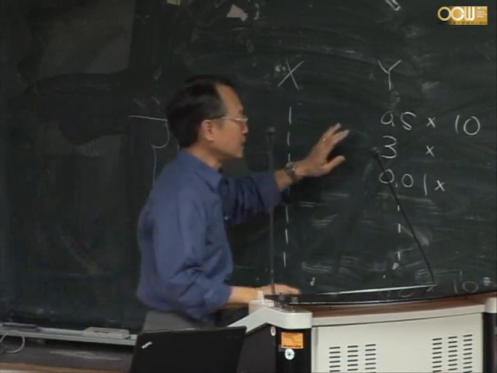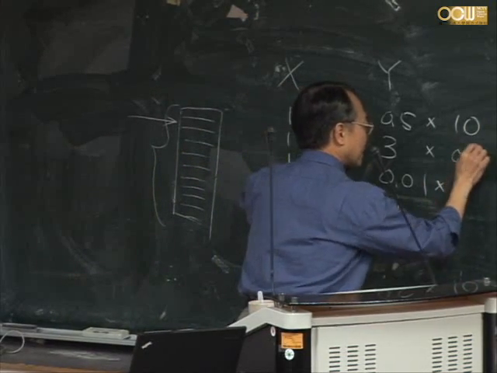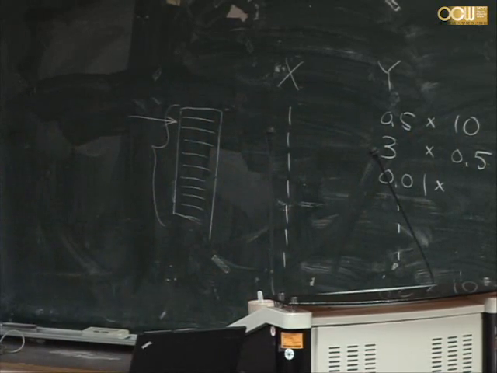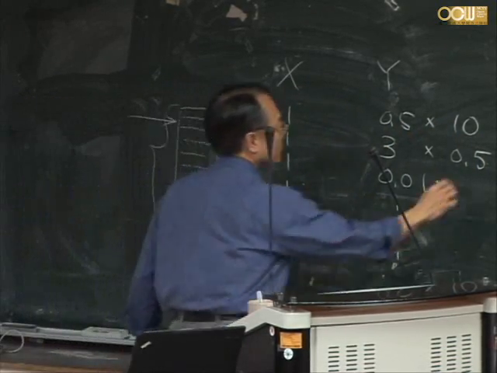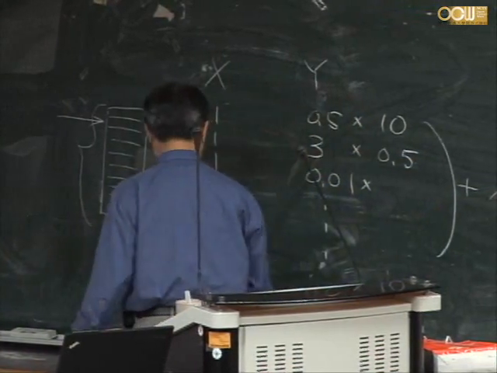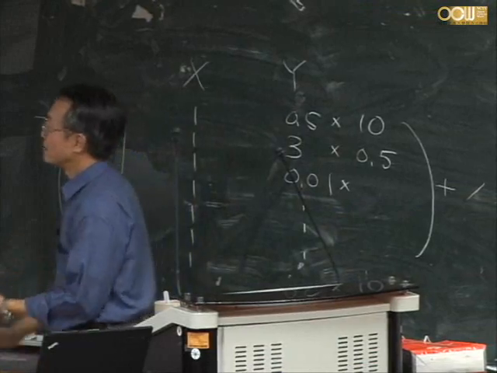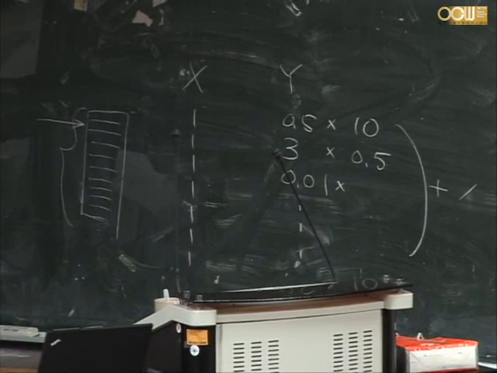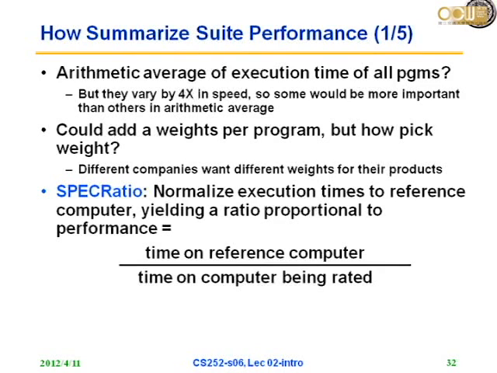If this is tiny, then maybe we multiply that by a coefficient less than 1 and so on, and then add them together, and then divide by the number of benchmarks. So we could add a weight to each program, but how to pick the weight? Different people will have different opinions. So we have another way to do that.